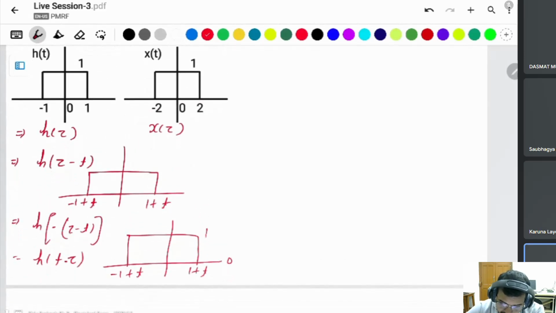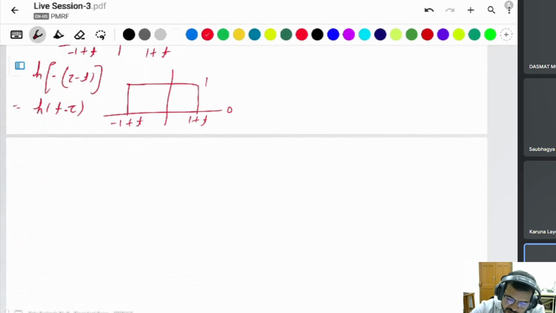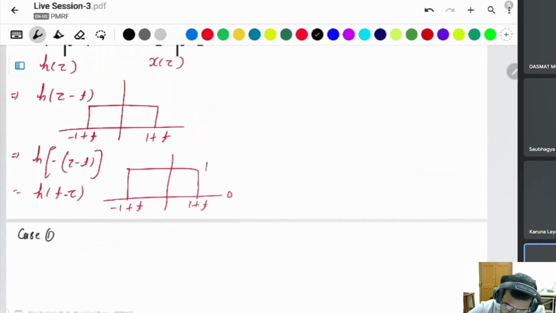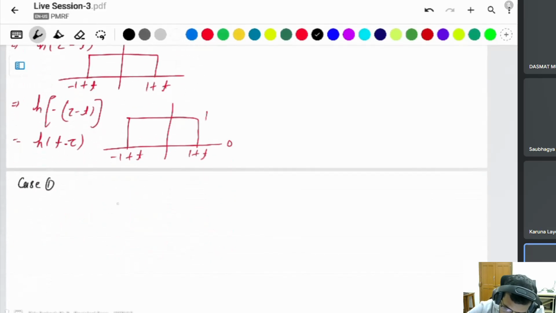Okay, we got both. This is x(tau), and h(t minus tau). Then let's start doing this. Take it as case one. Find x(tau).